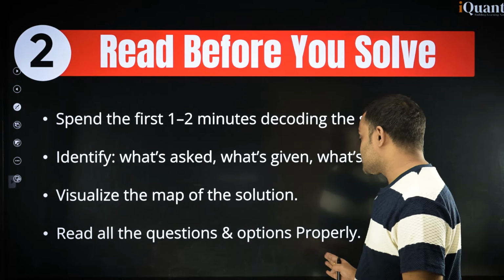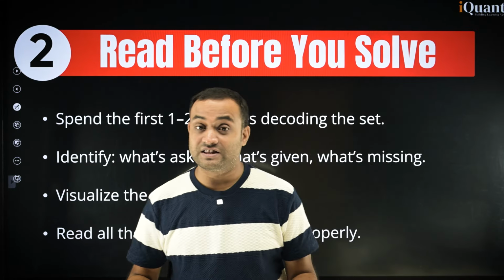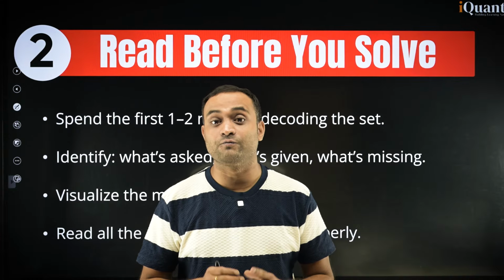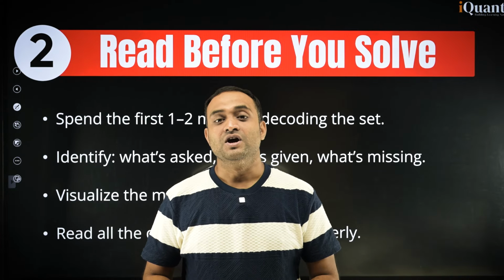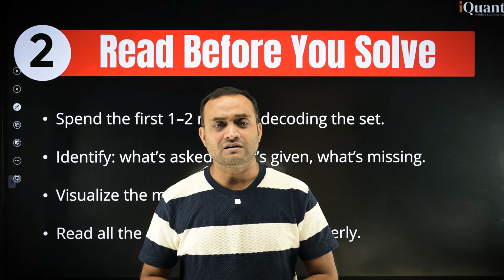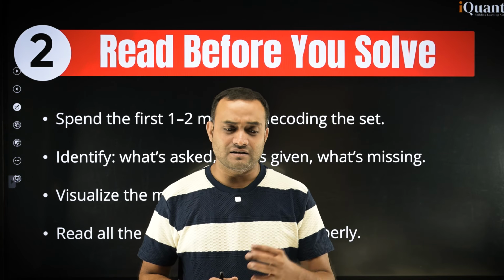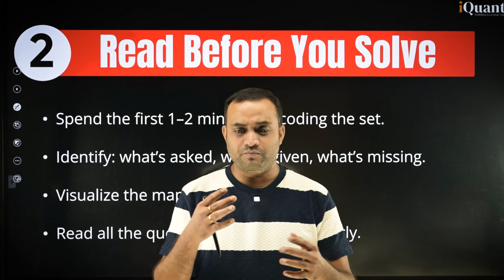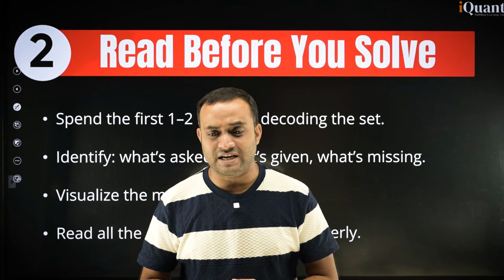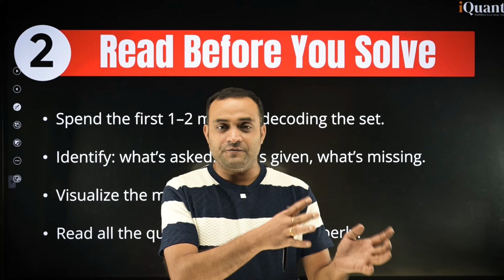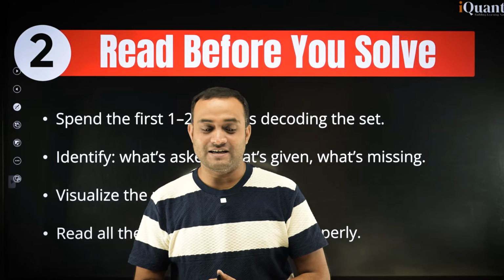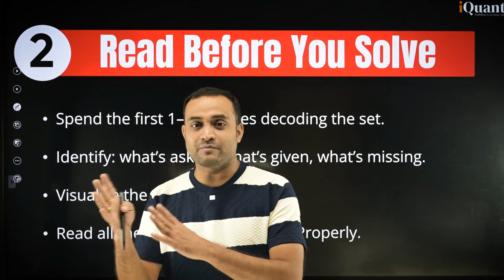Then read all the questions and options properly. Again, this is very helpful. Sometimes you get a very good idea of the difficulty level of the given set. Let's say a particular set has questions like: if this, then what? How many cases are possible?